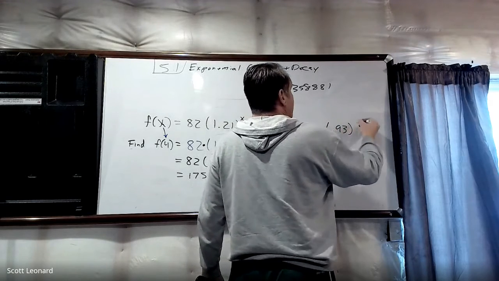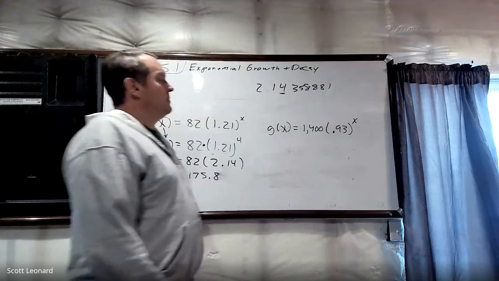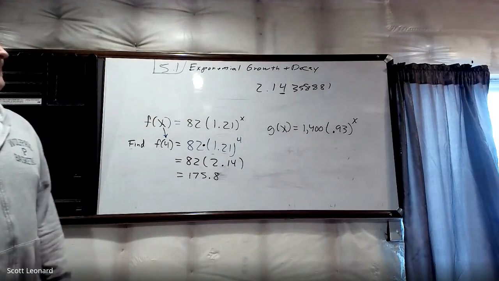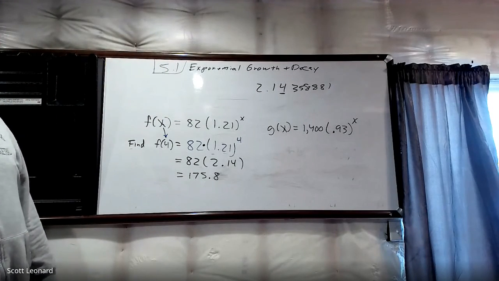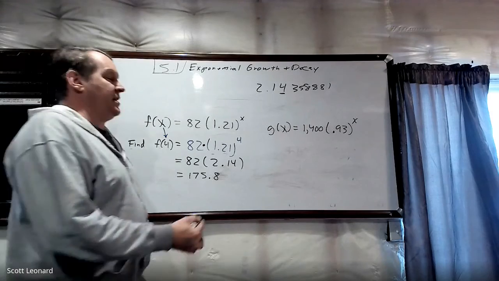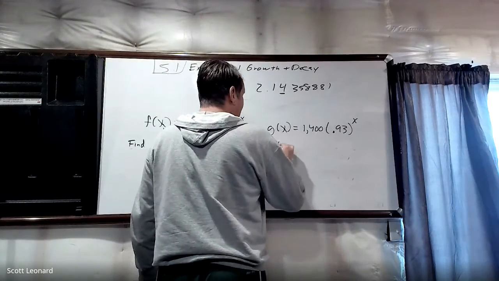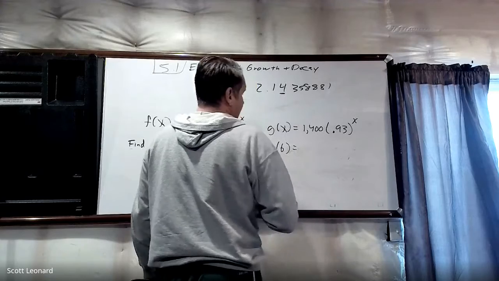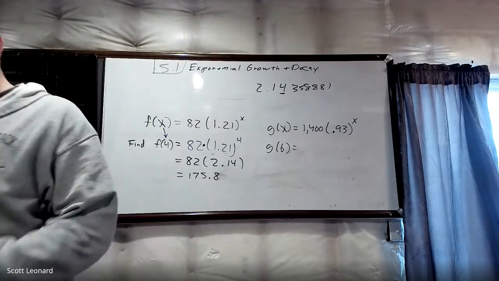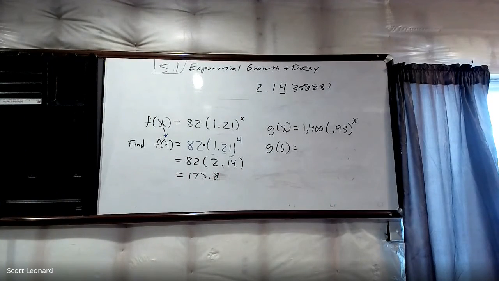So our multiplier is 0.93. Okay, so that's my function. Now I want you to tell me how many people will be there in 6 years. So that means I'm going to plug in 6 for x. You guys do this one, and you'll be on your own after we finish this up here.